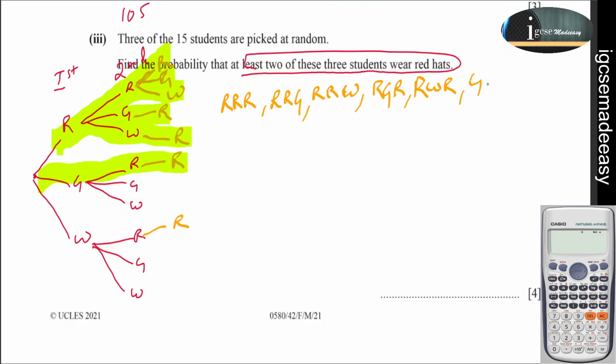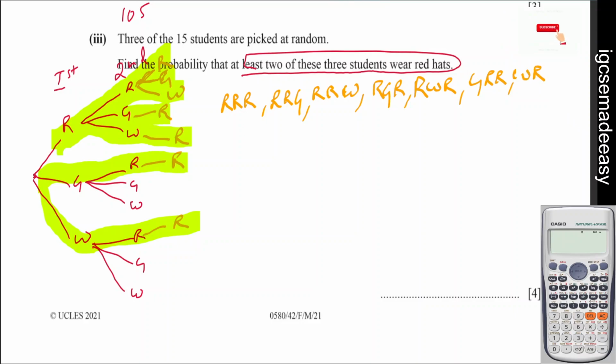Then G, R, R. You just need to find the conditions, and the last one is W, R, R, right?